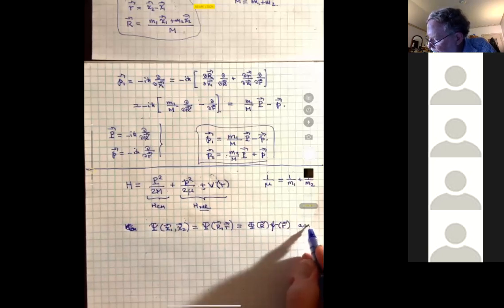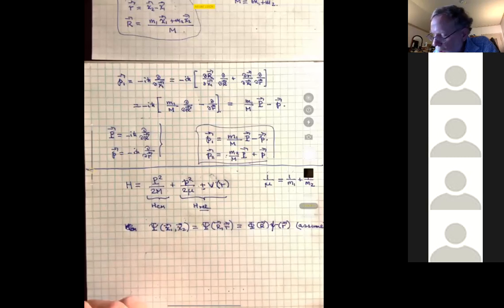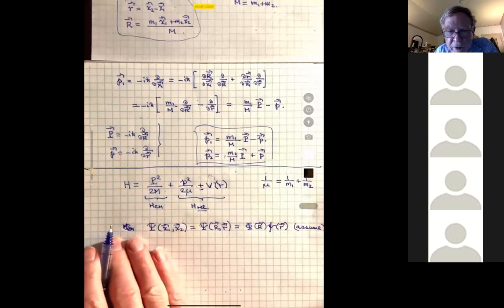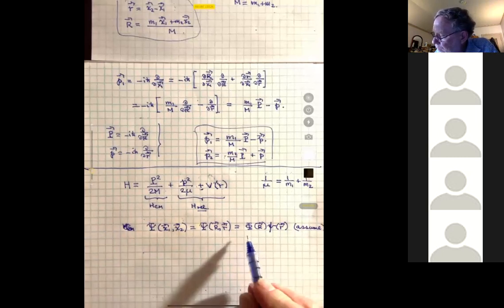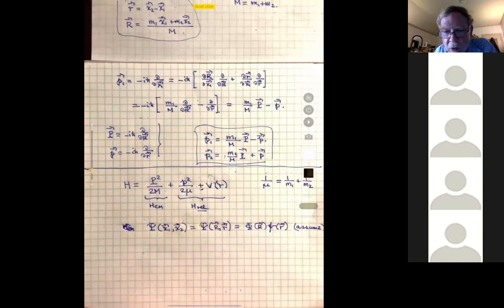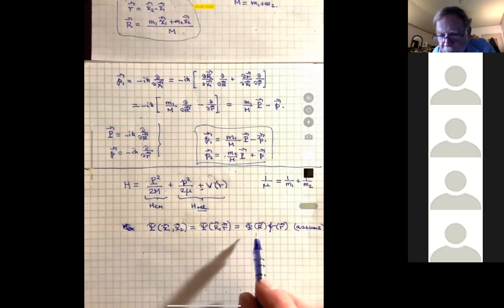We assume this for the sake of separation of variables. I haven't talked much about separation of variables in this course because you've seen it before in your other courses, but one always makes an ansatz, or a guess, that the wave function can be represented in this form when you do separation of variables. One of the main things that I want to point out here is that we are not assuming that the general two-particle wave function has this product form.